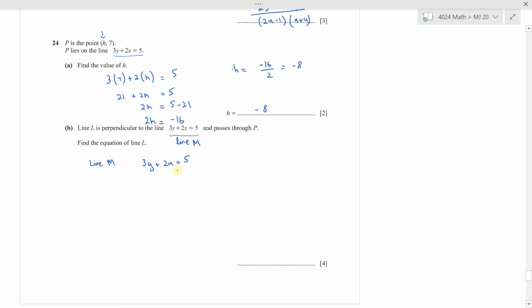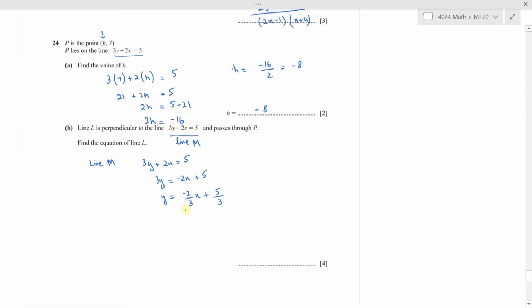So let's find the gradient of this line first. So this will be 3y equals 5 minus 2x, and then y equals, in fact, let me write the x value first, minus 2x plus 5. So I brought this 2x here. And then y will be minus 2 by 3x plus 5 by 3.